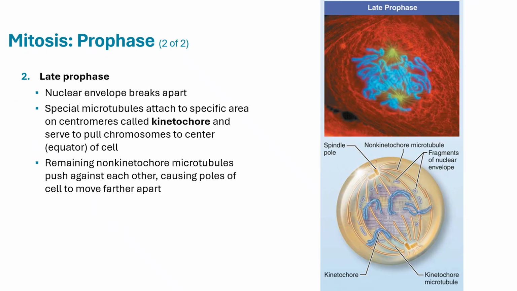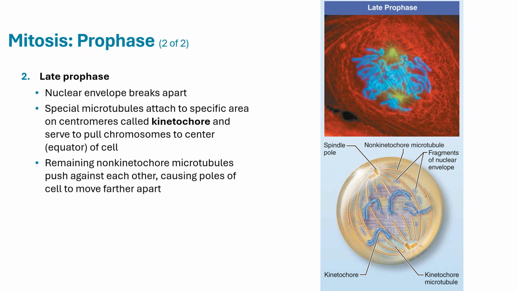All right, late prophase is where the nuclear envelope breaks up. So now we don't see the nuclear envelope. This allows the mitotic spindles to interact with the chromosomes. So now the spindles are interacting with the chromosomes.